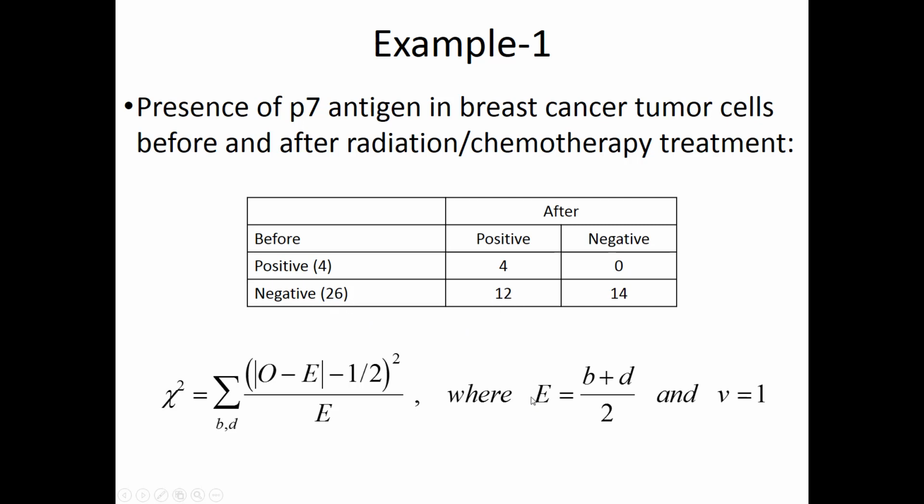The expected value would be the average of the number of changes, and we can then calculate this chi-squared value. You can do this by hand, and the degrees of freedom in this case will be 1, and you can compare it to the chi-squared statistics. We will also do this in R.